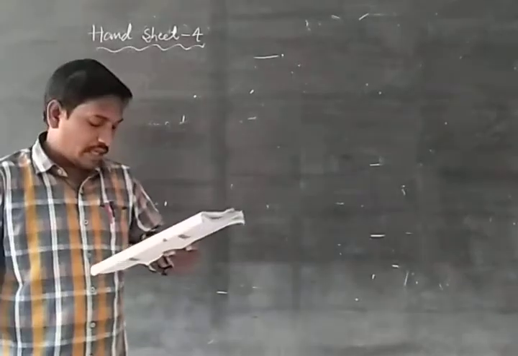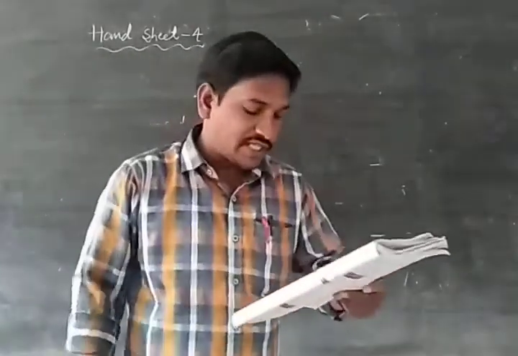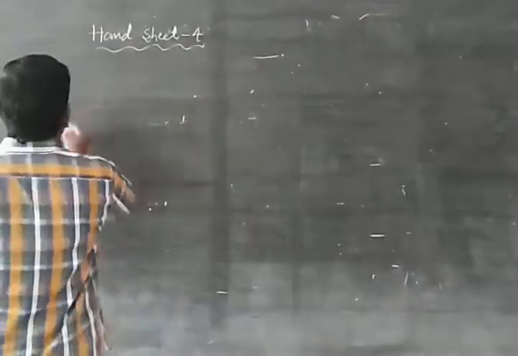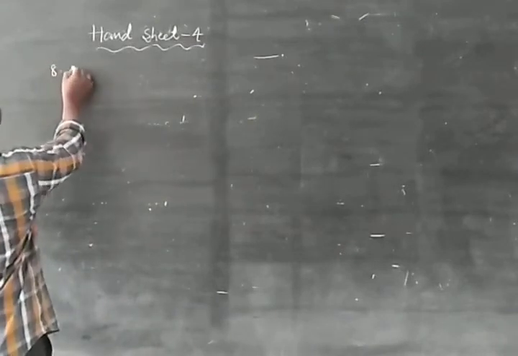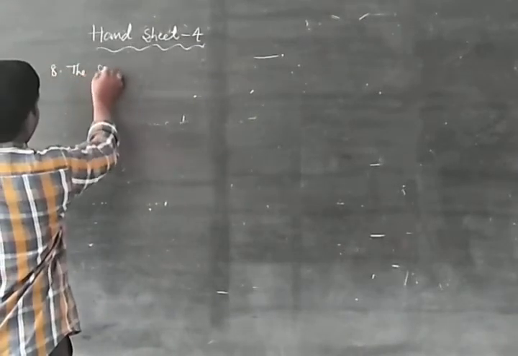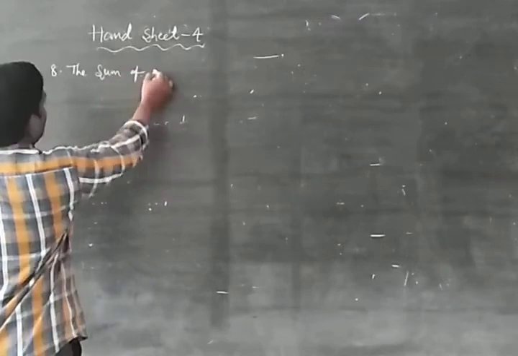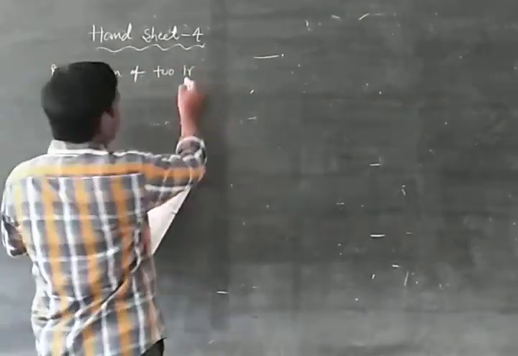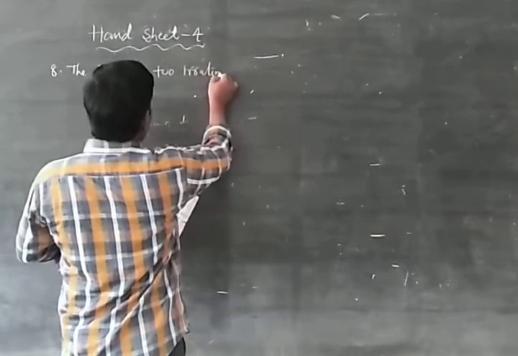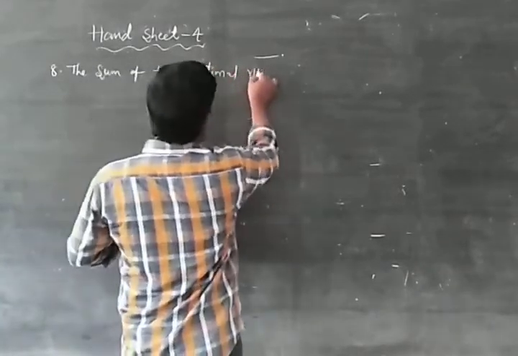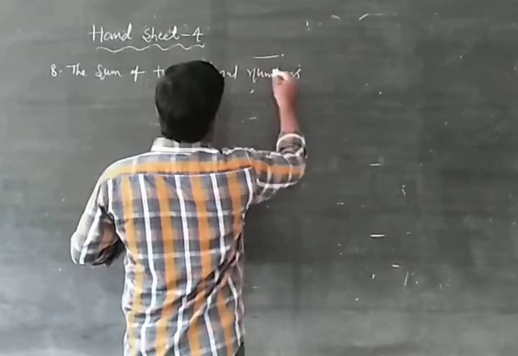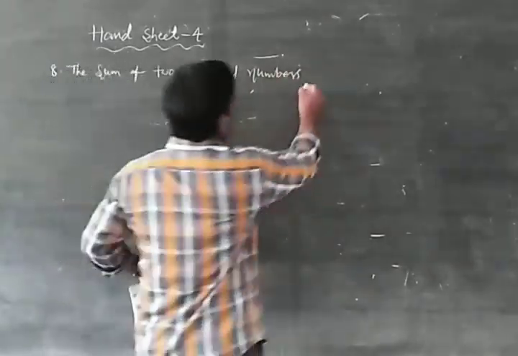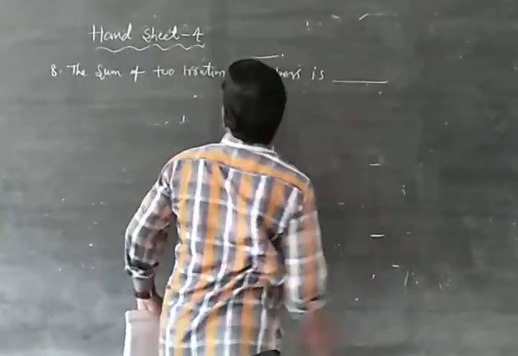Next one. The sum of two irrational numbers is dash.